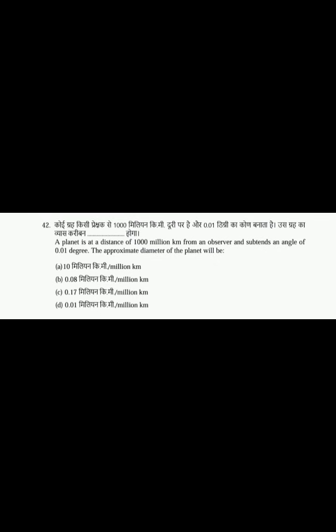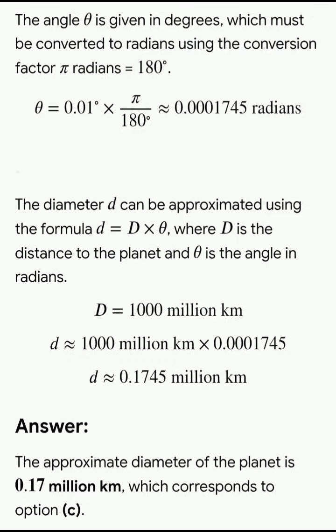Next question is: a planet is at a distance of 1000 million kilometers from an observer and subtends an angle of 0.01 degree. The approximate diameter of the planet will be dash. Here theta is given as 0.01 degree. Converting it to radians, we can write 0.01 into pi by 180, and that is equal to 0.0001745 radians.